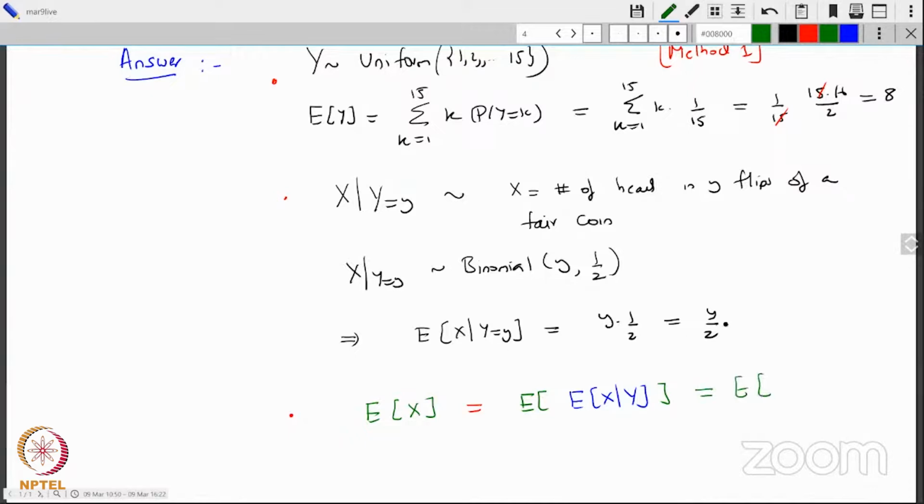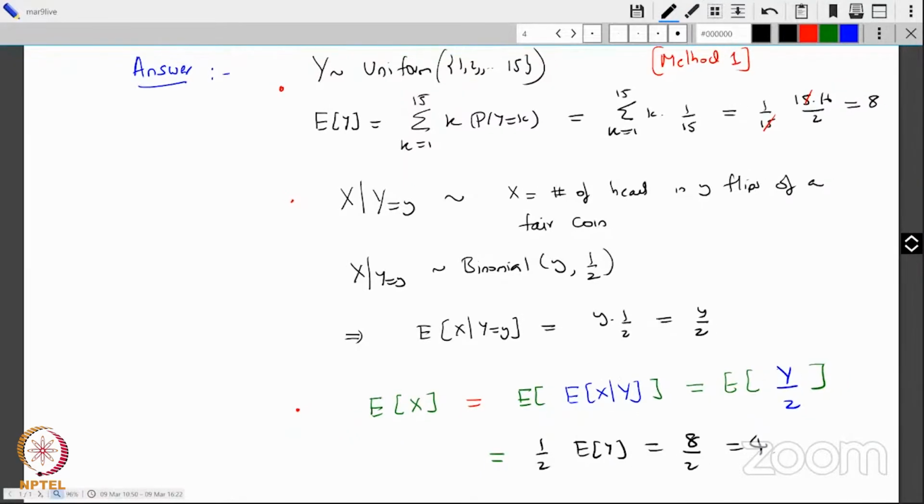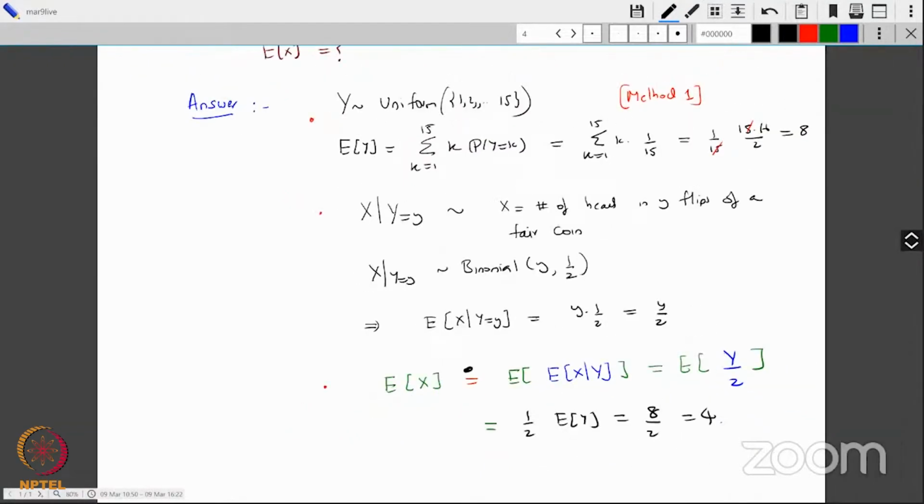E of X given Y equal to y is y by 2. So E of X given Y is just capital Y by 2. That gives you 1/2 times E of Y, which is 8 by 2, and the answer is 4. So this is one way of doing this problem. This is a key understanding: E of X is averaging out the conditional expectation of X given a random value, and you average out over Y.